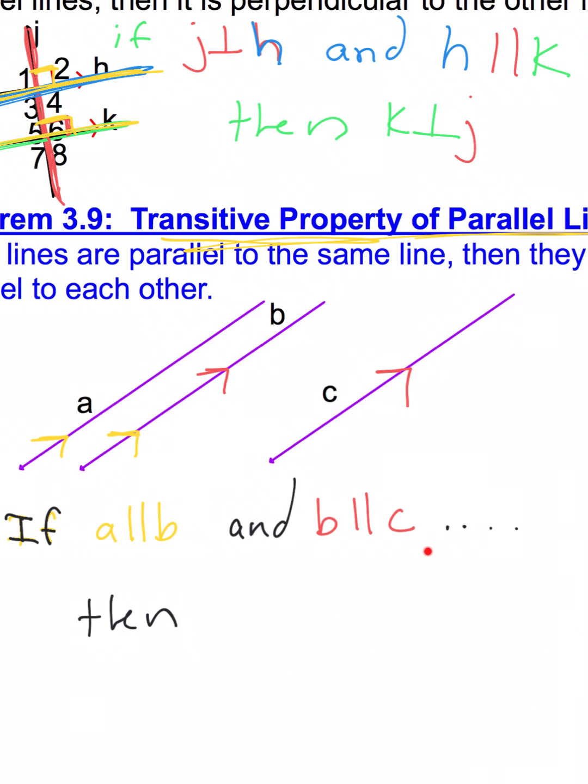Isn't B repeated? So couldn't I just get rid of B? And then what would I be able to say? Wouldn't I say that A is parallel to C?